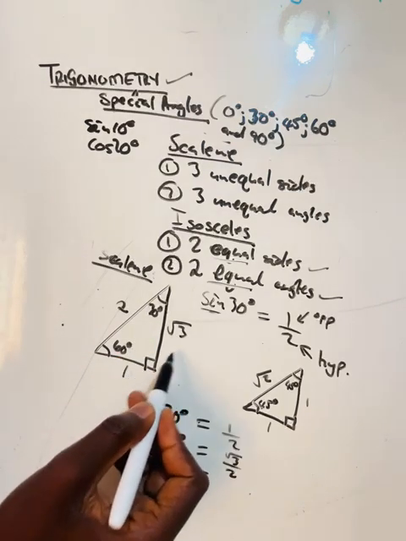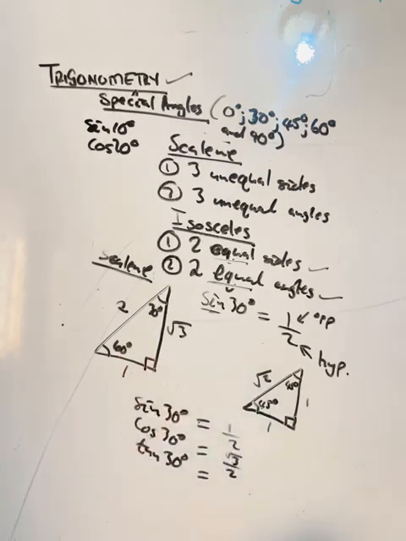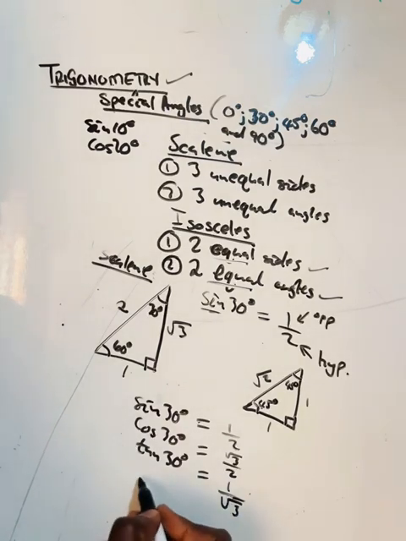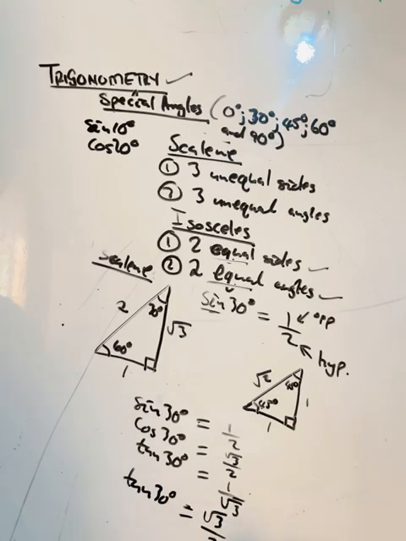Opposite over adjacent, which is 1 over square root of 3. But if you are to punch your calculator, you'll see that the calculator will give you the value of square root of 3 over 3 under tan 30 degrees.